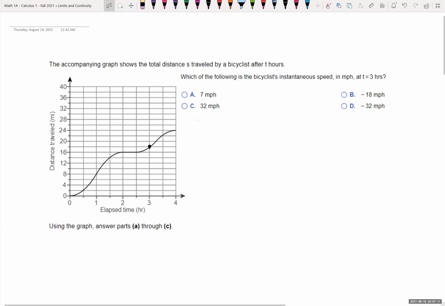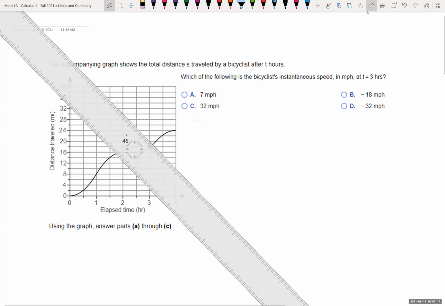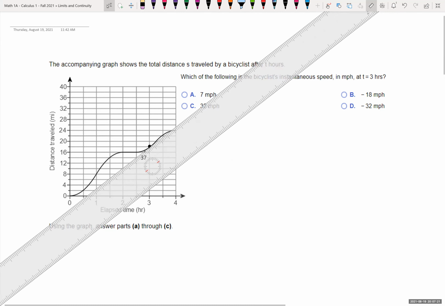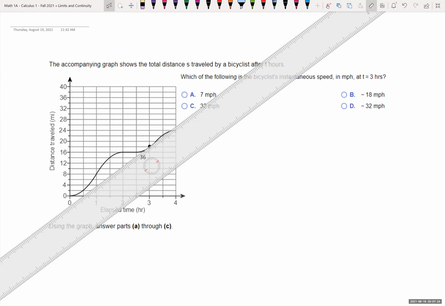To help me, I'm just going to grab my ruler, if I can find it, and make it go through this point. What I would think the tangent looks like, I can draw it, through a point on my graph.